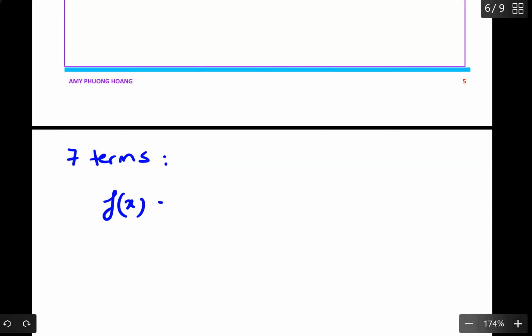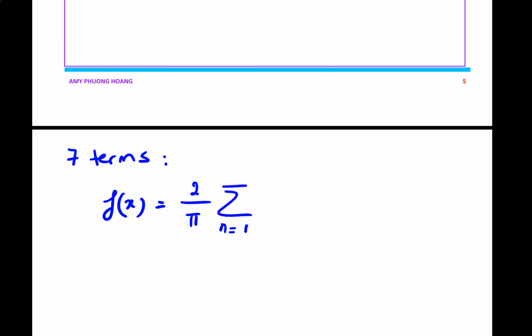The equation asks me to do this. f(x) is equal to 2 divided by pi, and I have to take the summation from n equal to 1 to infinity. But in this case, I only need 7 terms, so I will write 7. That means I will work with n from 1 to 7.